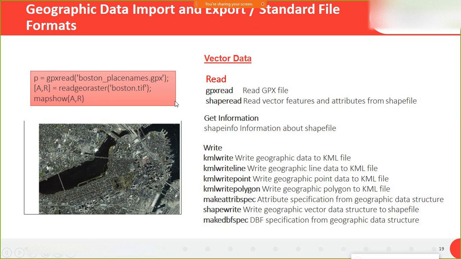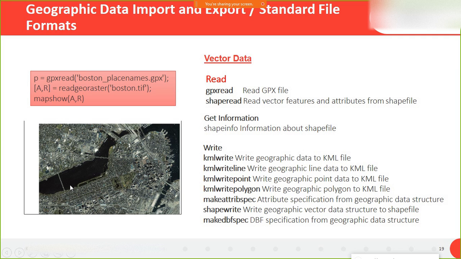Okay, fine. So let's say I have data in a GPS form. Here you see what we are doing: we are reading data. A will be a matrix of this image, and R will be a reference of that. When we get this matrix and R, we use mapshow, because this is the image for mapshow.